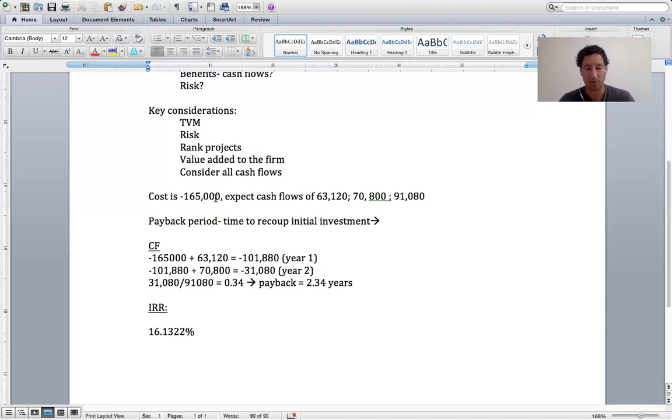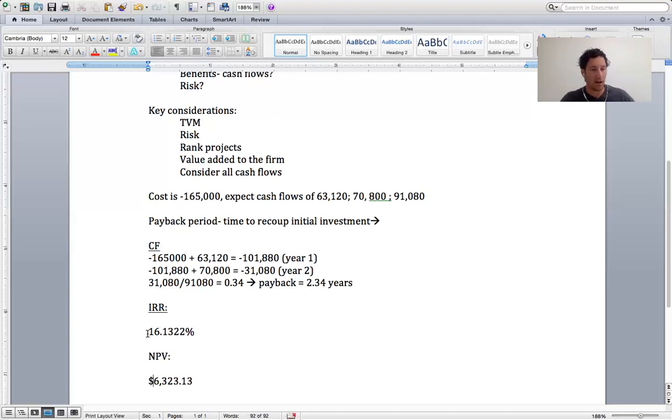You enter 14 for I, hit enter, down arrow, and it'll ask for NPV, hit compute. So NPV is 6,323.12, or 0.13 if you round. And that's in a dollar amount.